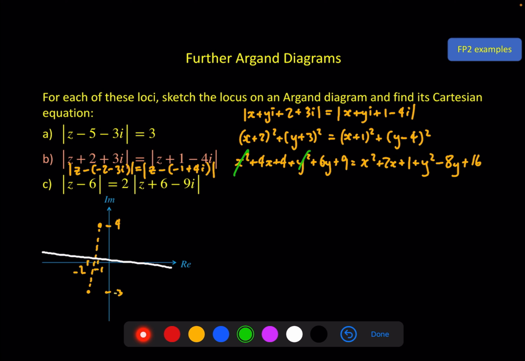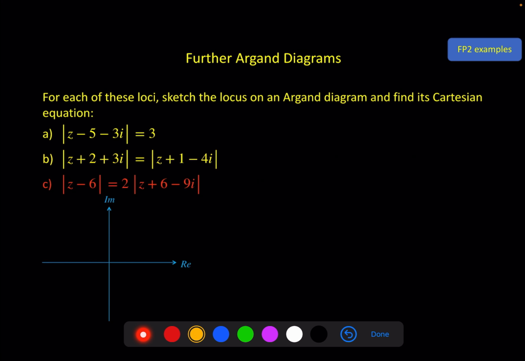Again, we can get rid of these because we should be ending up with a straight line. 14y + 2x − 4 = 0. And I suppose now to complete my Argand diagram, because I know what this intercept is, I could put that on there. That will be 4 over 14 or 2 over 7.